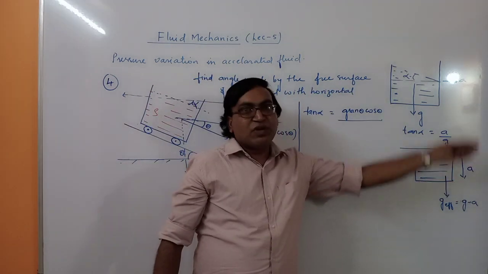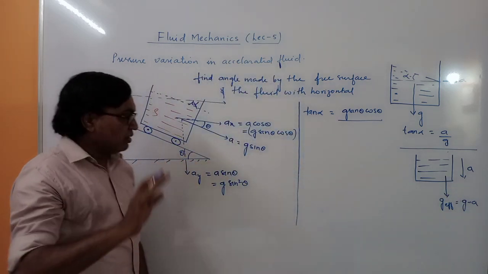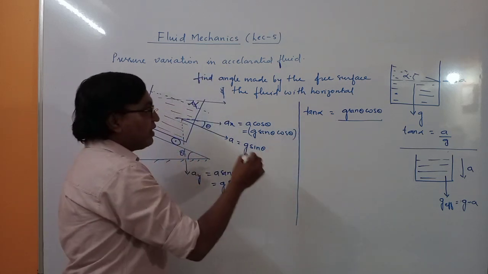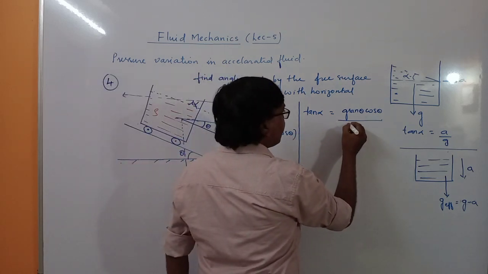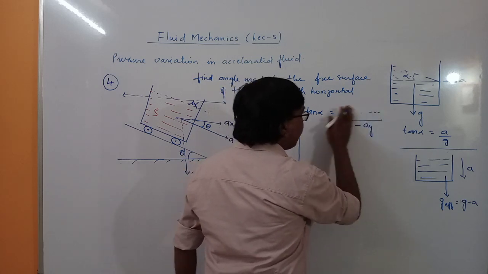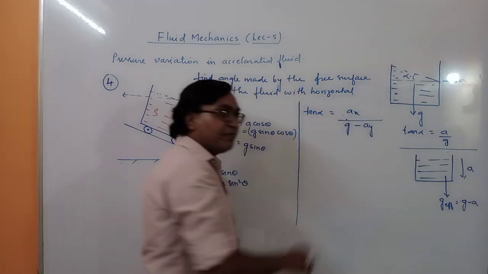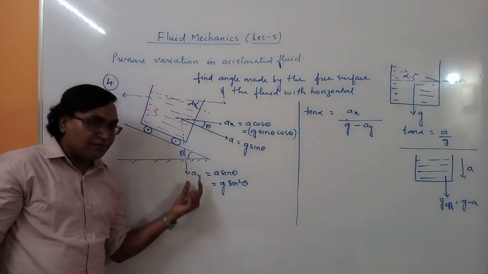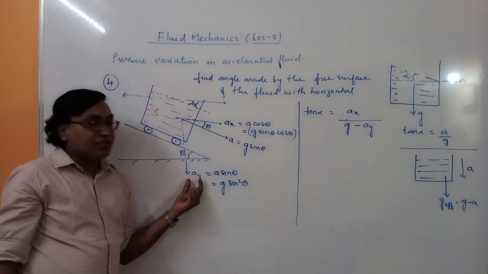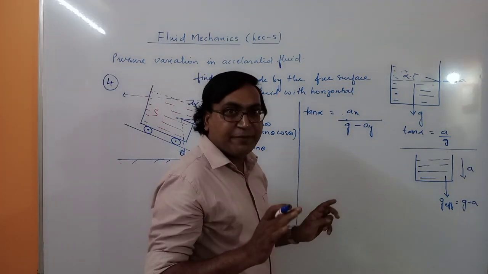If this acceleration was upward direction, it was g plus a. Now this is g minus a. So here the acceleration along y direction will be g minus ay, and tan alpha is ax by g minus ay. Along this direction we have acceleration ay and acceleration due to gravity is g. So effective acceleration along this direction will become g minus ay.